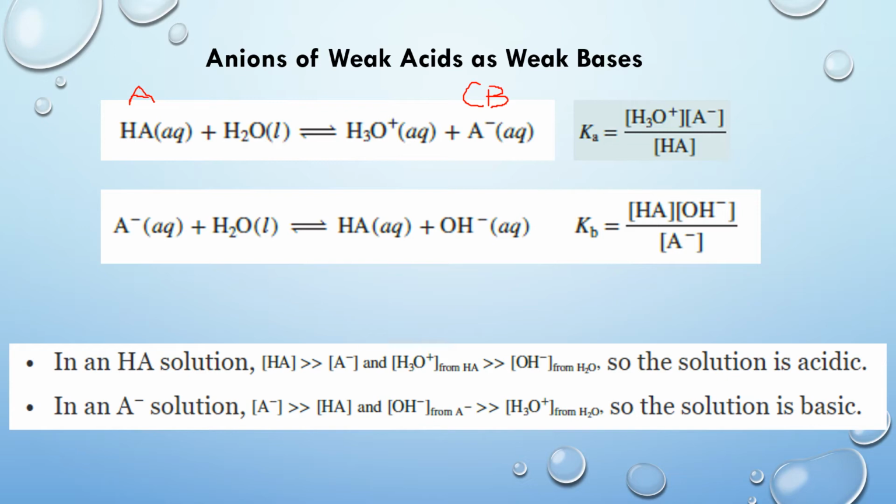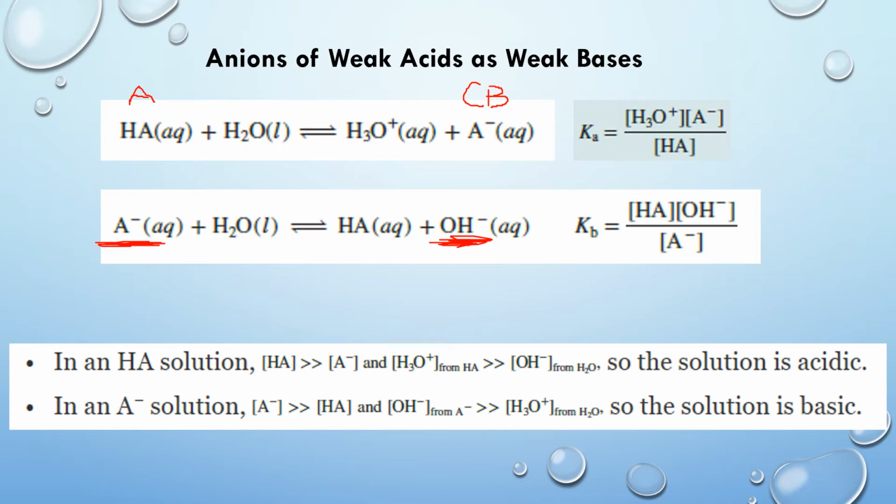When this weak acid loses the proton, it becomes a base. For this weak base, when it reacts with water, by taking that proton, it will generate hydroxide. That's why we call it a base, because of its ability to generate hydroxide.